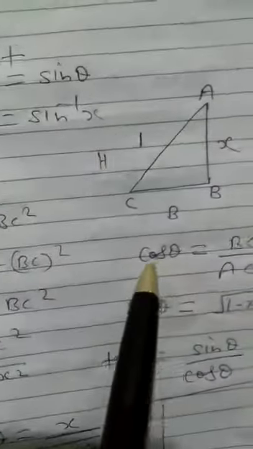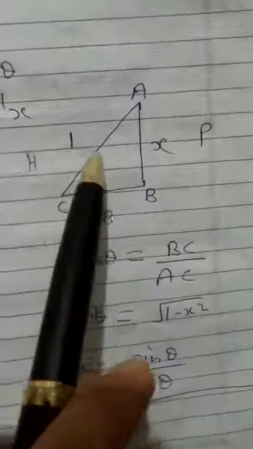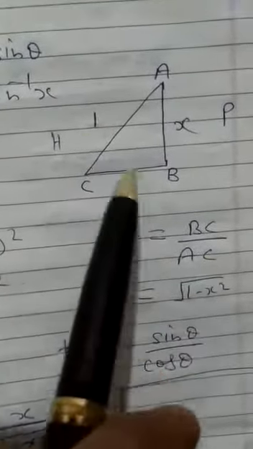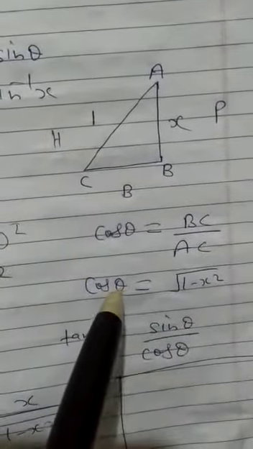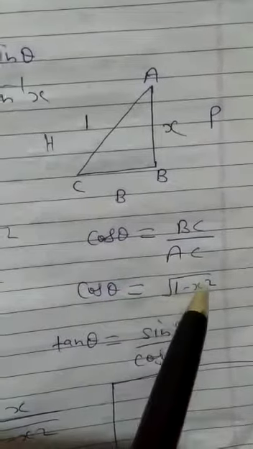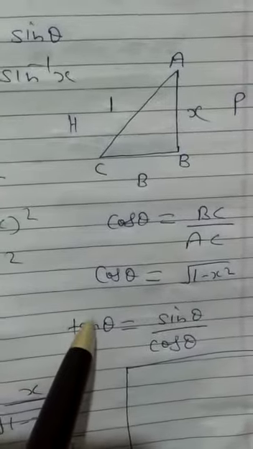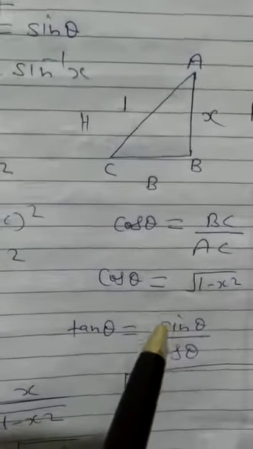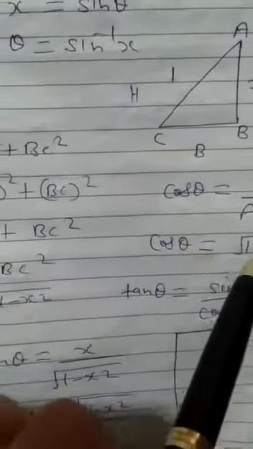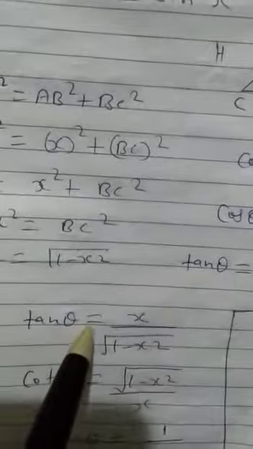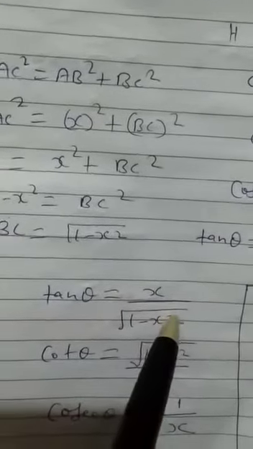Now similarly, cos theta is base upon hypotenuse. The base is root 1 minus x square and the hypotenuse is 1, so cos theta is equal to root 1 minus x square. Another formula you studied in the previous class: tan theta is equal to sin theta upon cos theta, or perpendicular upon base, which is x upon root 1 minus x square.